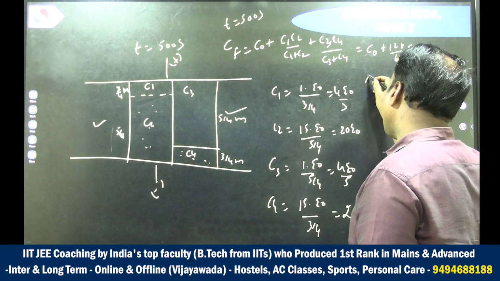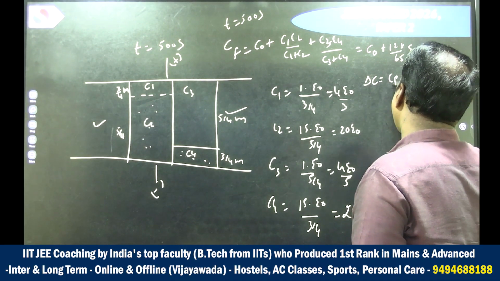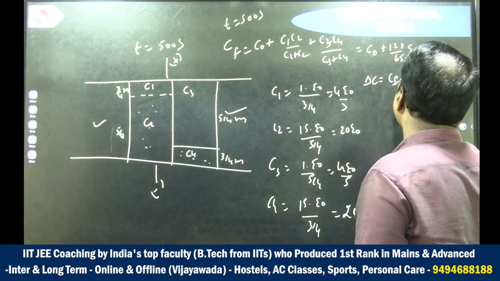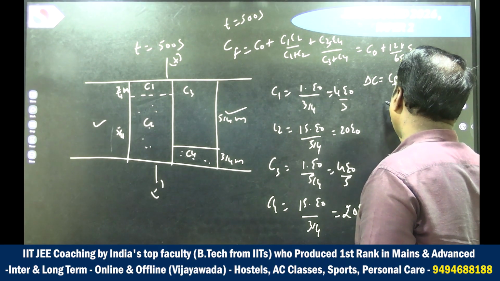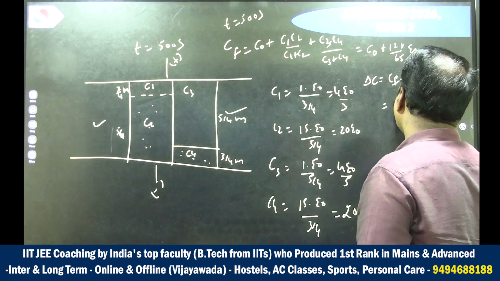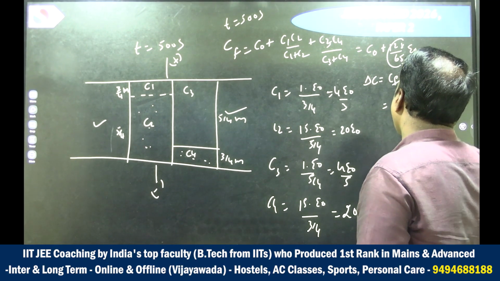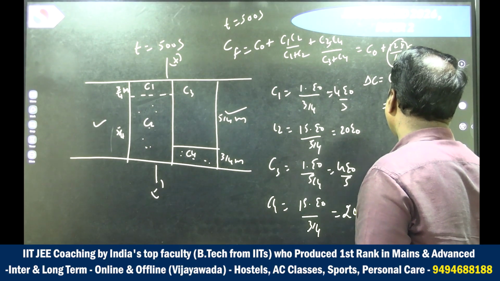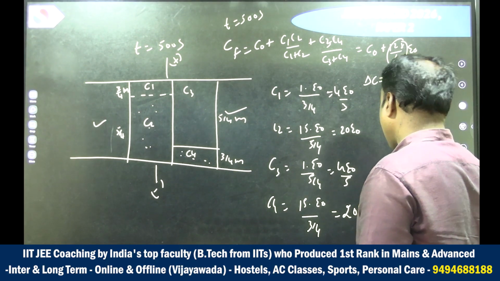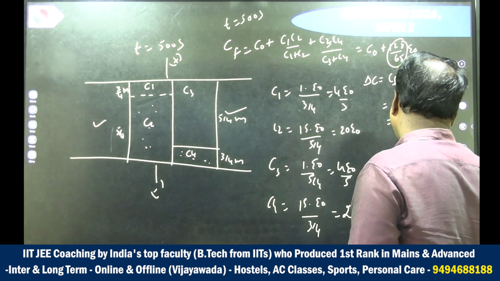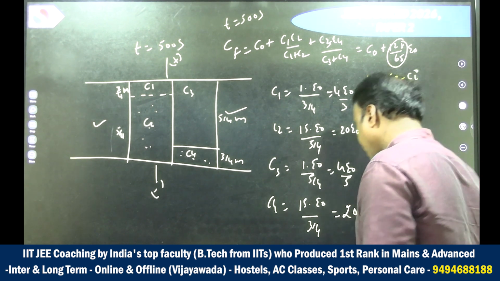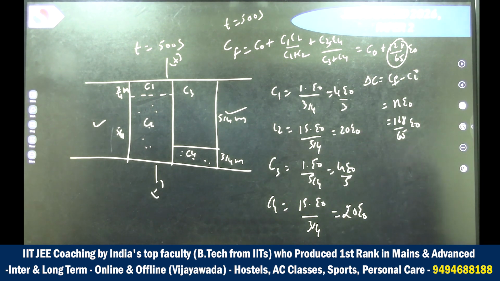And the given value contains delta C. Delta C means C final minus C initial. That delta C you may take as n epsilon naught, where n equals 128 by 65.